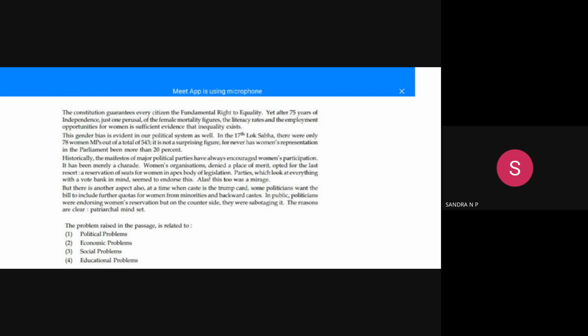In the 17th Lok Sabha, there were only 78 women MPs out of a total of 543. It is not a surprising figure, for never has women's representation in Parliament been more than 20%. Historically, the manifestos of major political parties have always encouraged women's participation. It has been merely a charade.